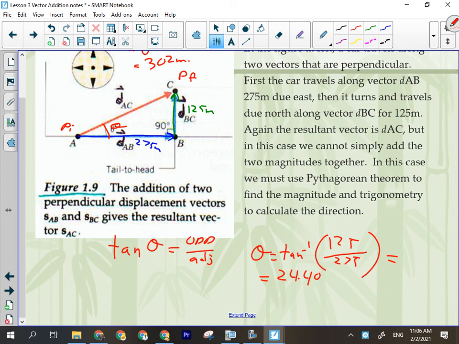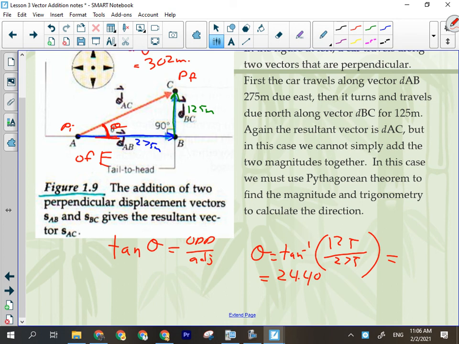Which way? North of east, right? Here's how you tell if it's north of east or east of north. That little angle arc that we always draw, whatever main compass direction it's touching, that's the "of." It's touching east, so we're going some direction from east, in this case north of east.